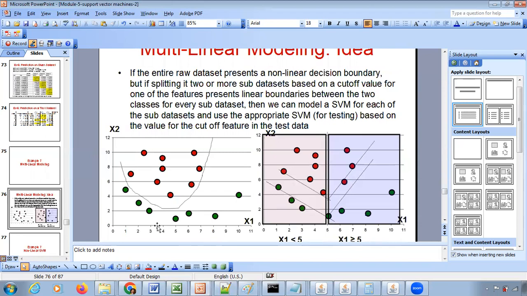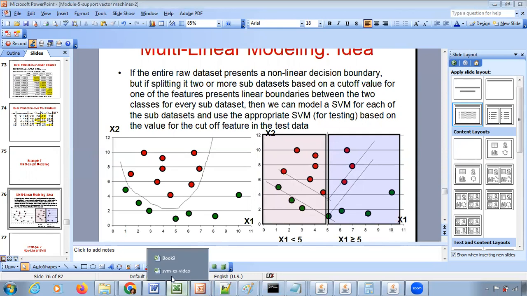And even if you apply the kernel trick of x1 squared, x2 squared, or x1 x2, I tried it. It's not going to give you a linear decision boundary in the transformed data set.